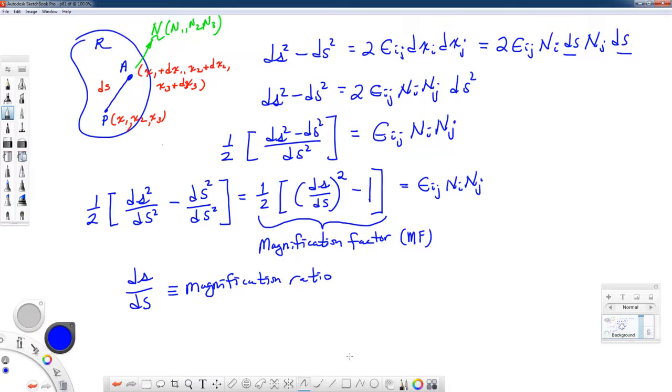So the d script s by ds, that magnification ratio, just represents the ratio of that line segment length in the new coordinate system, or the deformed body, as compared to the length in the original body. And this thing could be rotated and spun around however it is. If we can identify where those 2 points land, we can find d script s. If we know where they started, we can find d regular s. So that ratio again is the magnification ratio.